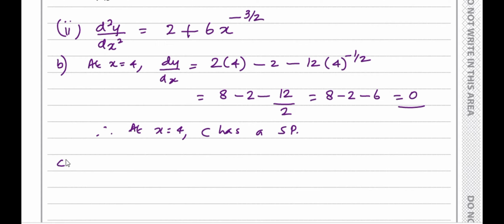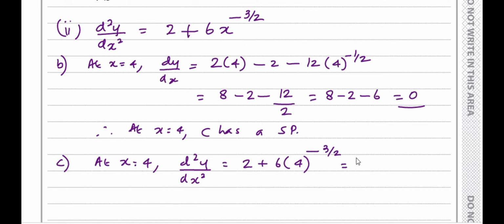At x is equal to 4, d square y by dx square equals 2 plus 6 bracket 4 to the power of minus 3 over 2, which is equal to 2 plus 6 times 4 to the power of minus 3 over 2, which is 6 over 4 to the power of 3 over 2.